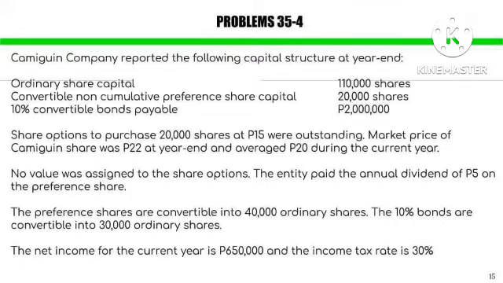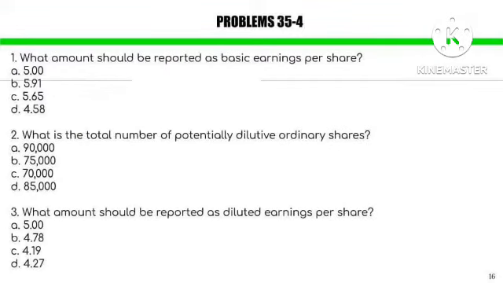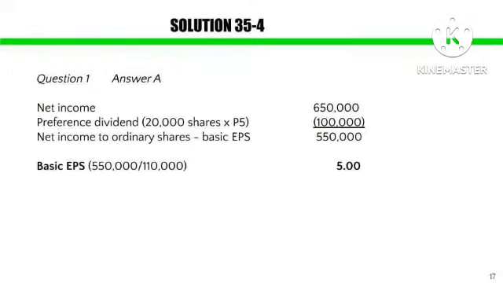Problem 35.4. Camiguin Company reported the following capital structure at year-end. So, this is our given. What we are looking for here is what amount should be reported as basic earnings per share and what is the total number of potentially diluted ordinary shares.